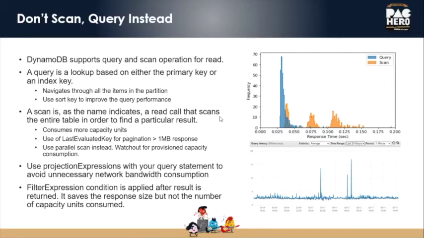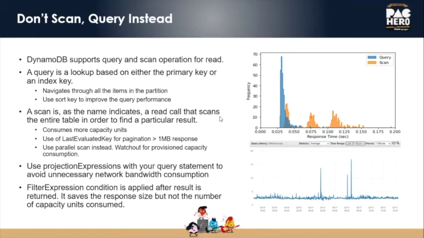Now you can say in the projection expression, just give me the last name. So DynamoDB will make a call. It will get the whole item information, first name, last name, and address, and then it will apply the projection expression on top, and it will only send you the last name. Now, by doing that, you're basically avoiding unnecessary network bandwidth consumption. So if you only need one or two attributes, use projection expression.